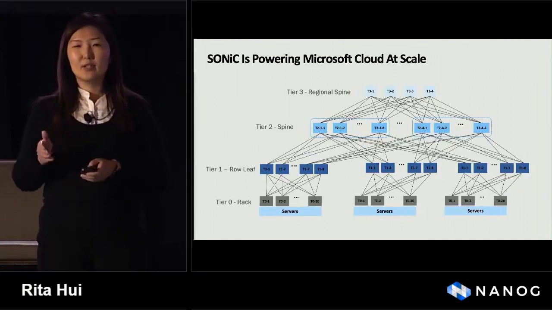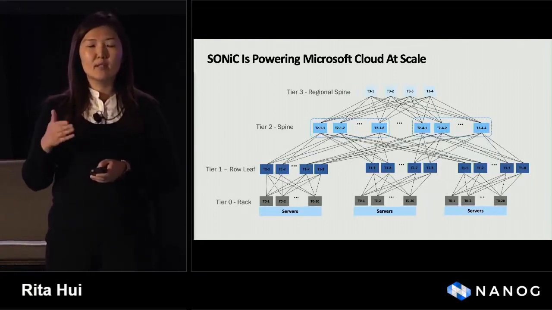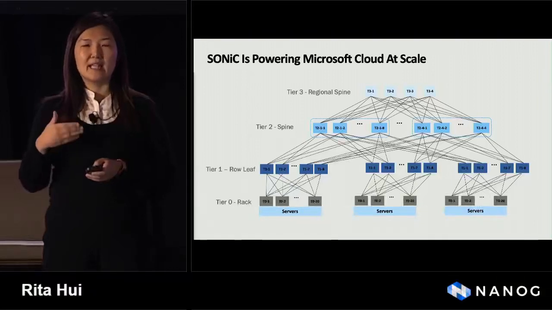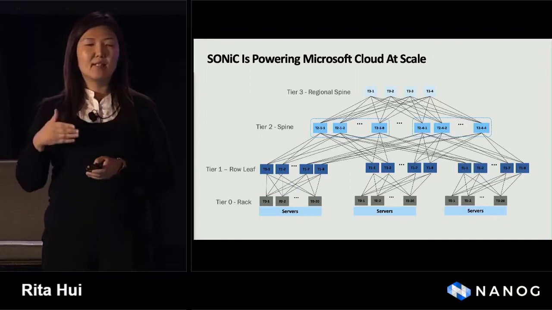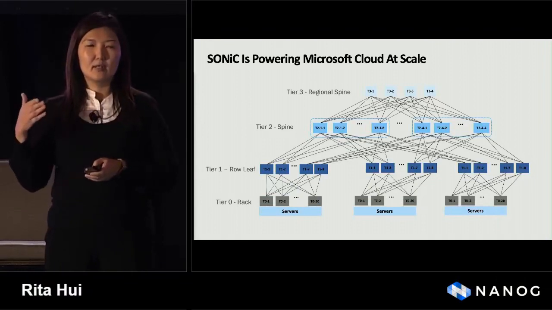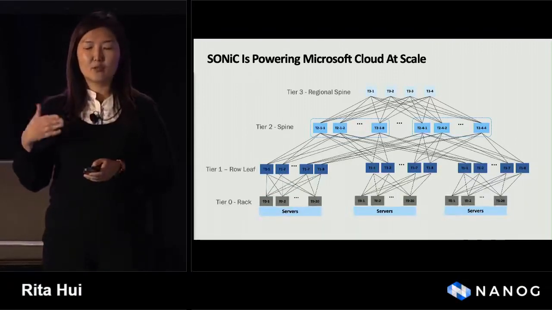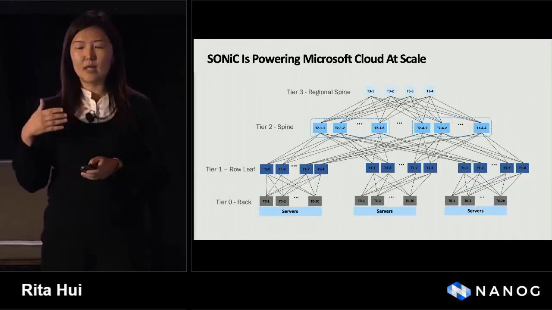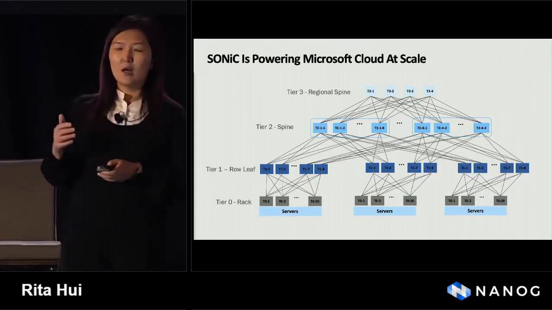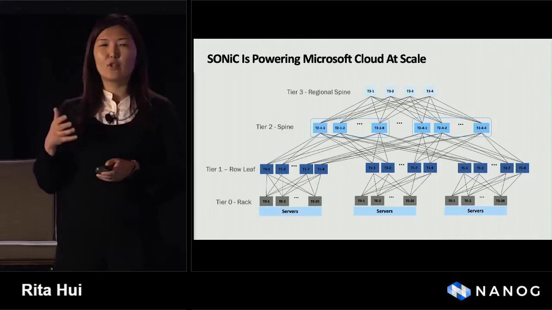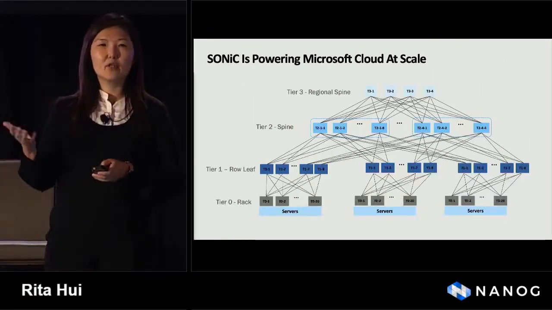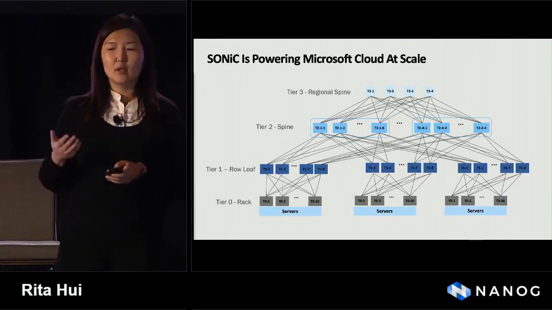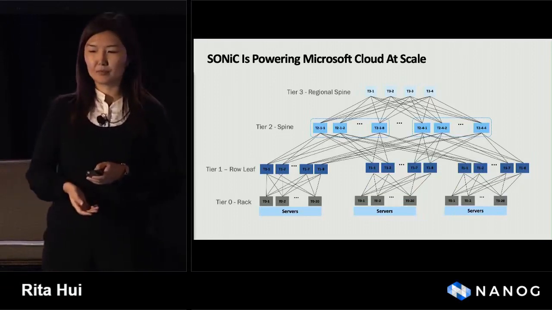The rack level switches are connected to tier 1 switches, or what we call leaf level switches. And then the leaf level switches will be connected to the tier 2 spine switches through redundant links. The tier 2 spine switches will have meshed redundant links connected to other data centers via the regional spine or tier 3 regional spine switches.